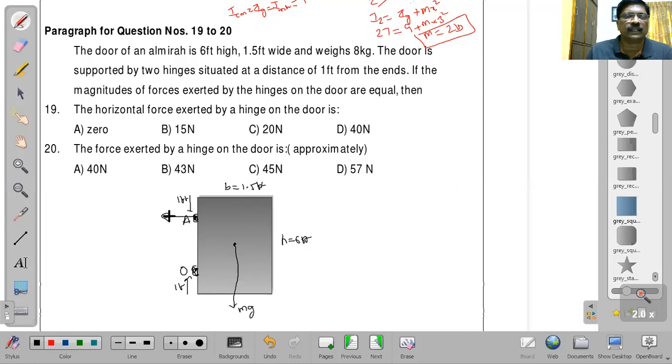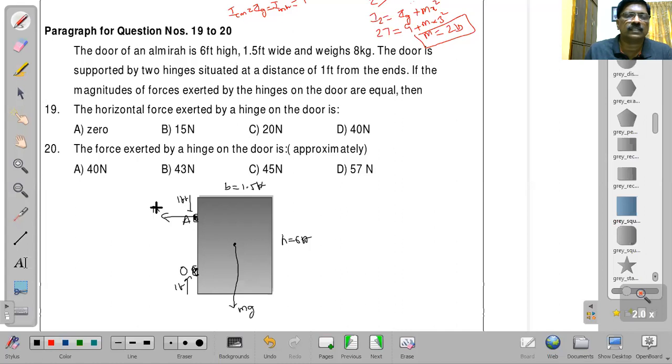That's why the normal reaction acts on the hinge in this direction. As the almirah is pulling the hinge towards the right, immediately the hinge pulls the almirah towards the left. That's why the normal reaction acts towards the left.